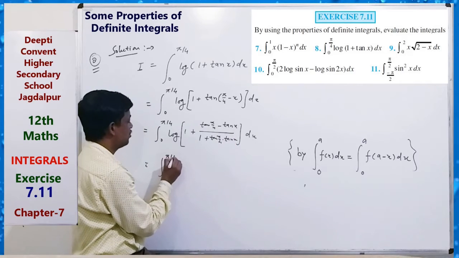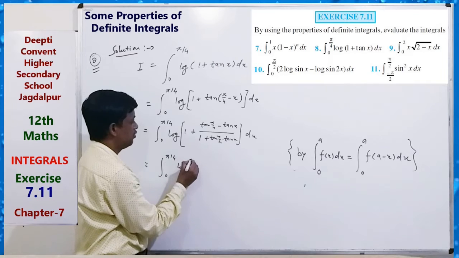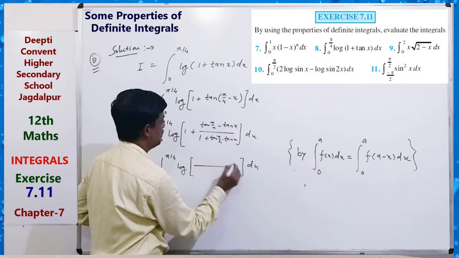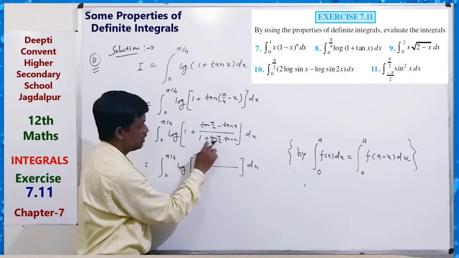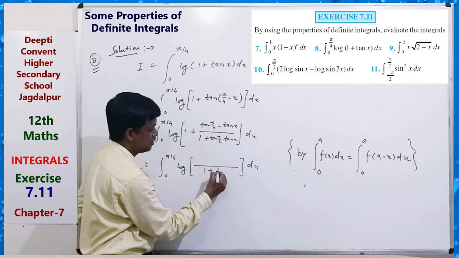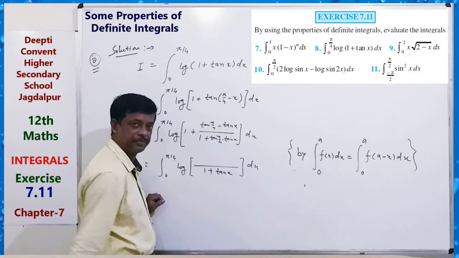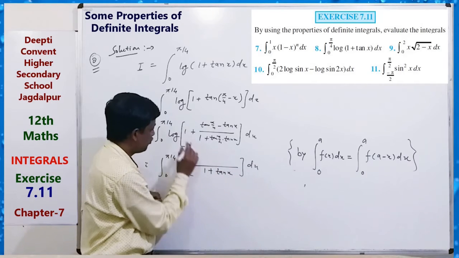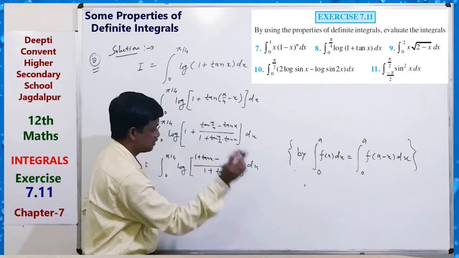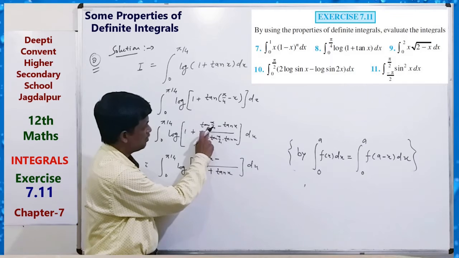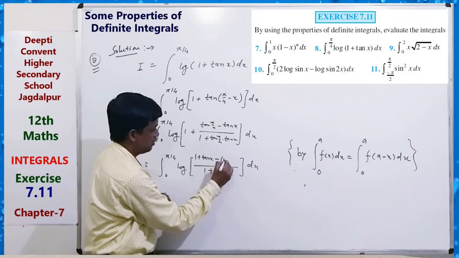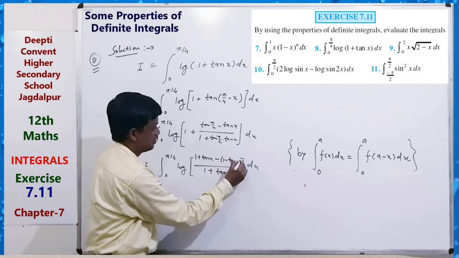So what do we get? The integral from 0 to pi by 4 of log of, dx. Very simple. Taking LCM: 1 plus tan x. Then 1 plus tan x minus 1 minus tan x here, this is 1 minus tan x.